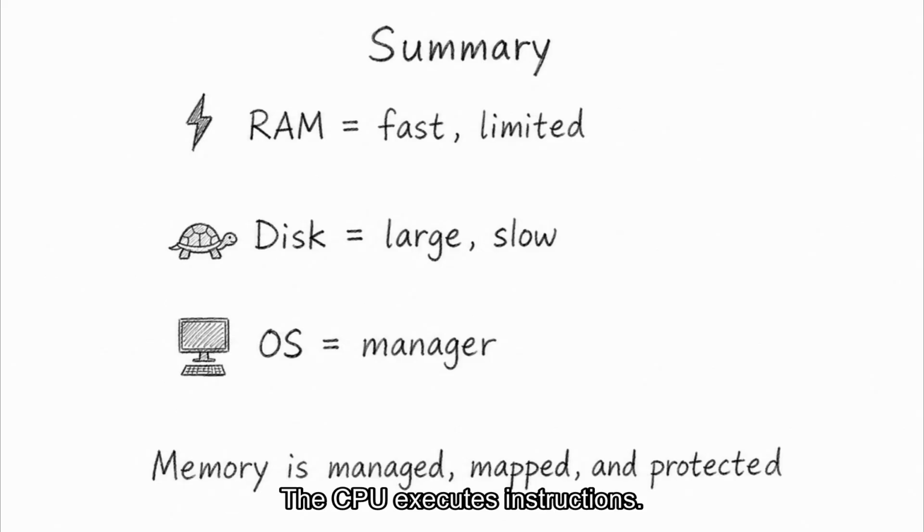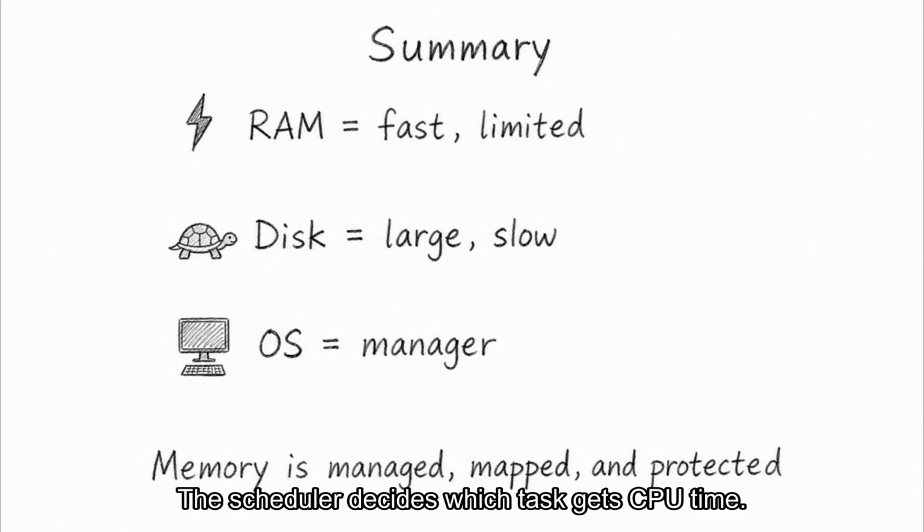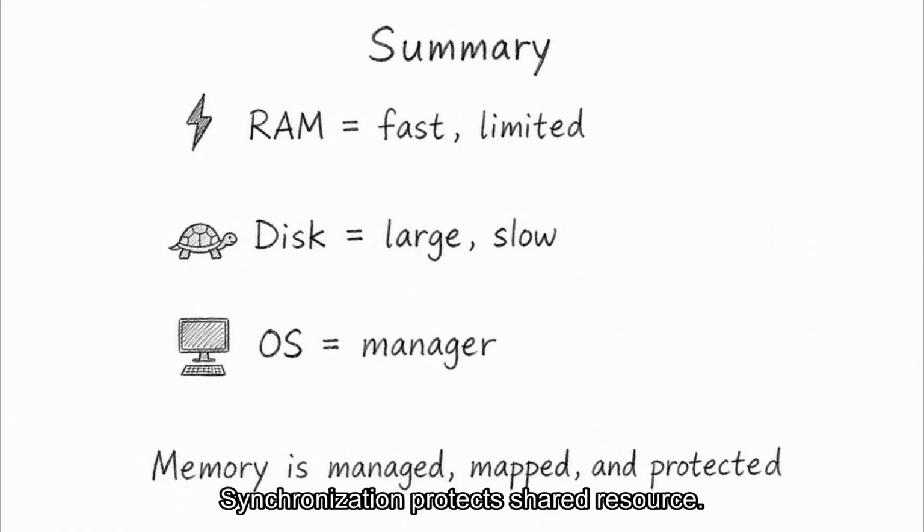The CPU executes instructions. The scheduler decides which tasks get CPU time. Synchronization protects shared resources. And memory management decides how limited RAM is used. Without memory management, programs could not run safely and efficiently. They might overwrite each other, waste memory, or fail when RAM becomes full.